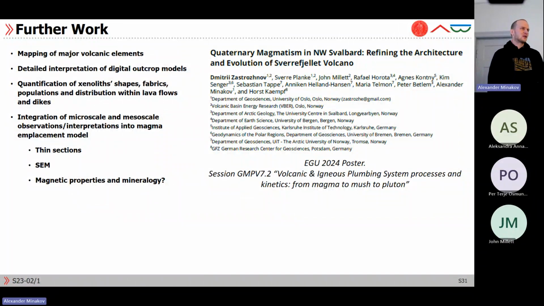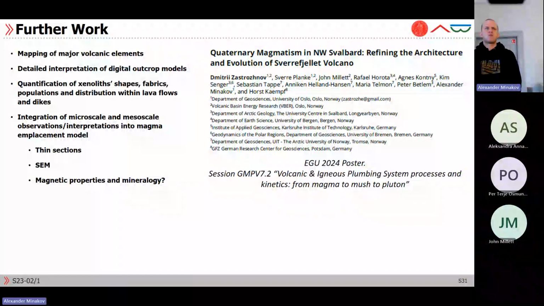Also for Agnes: you say that this flakiness is a primary feature, but you didn't see any shear? Exactly, no shearing. Maybe you answered it already.